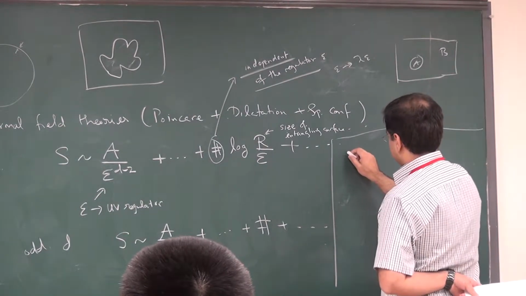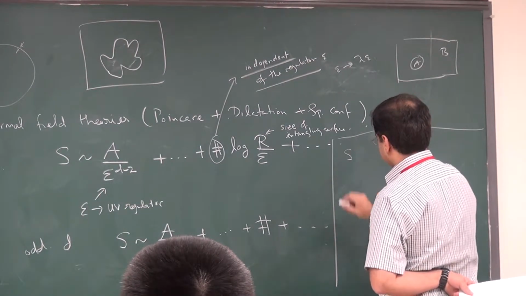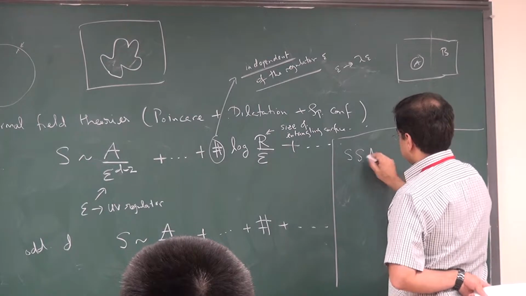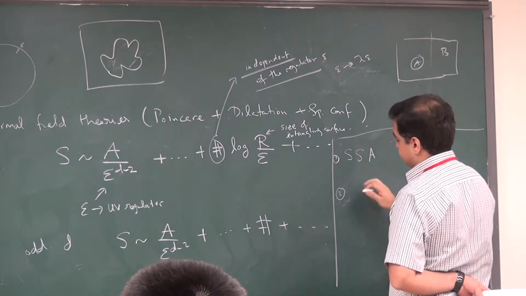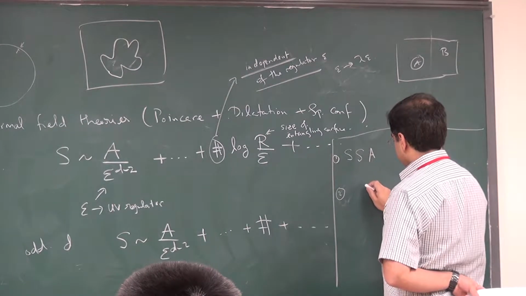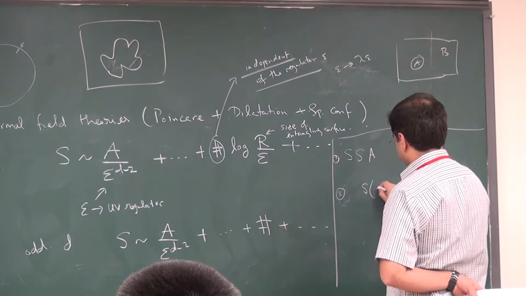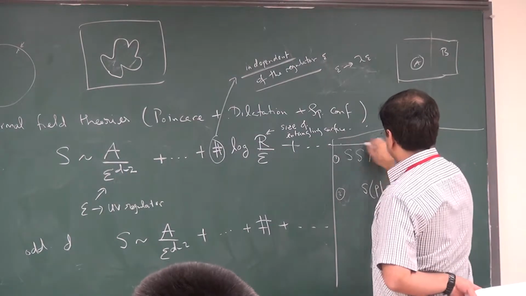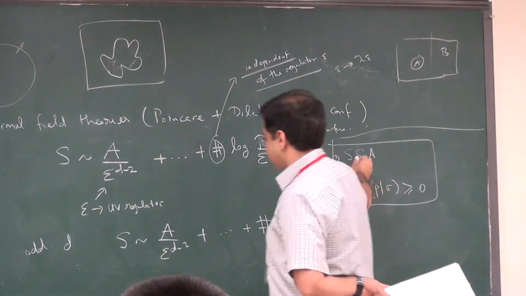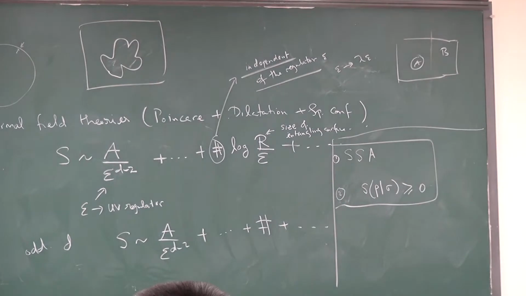One of them was this property called strong subadditivity, and the other thing was the positivity of the relative entropy, S of rho sigma being bigger than or equal to 0. So these two keep in mind and be on the lookout for the analogous statements on the gravity side.